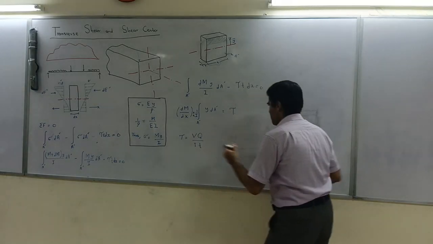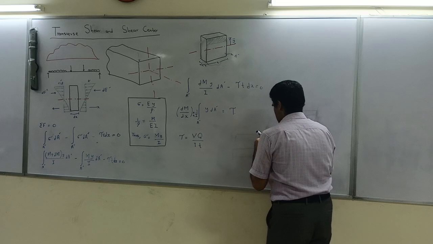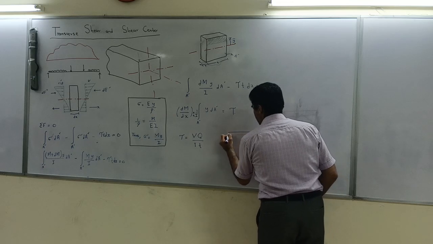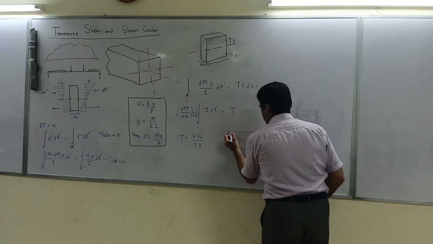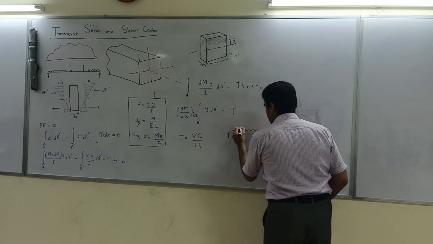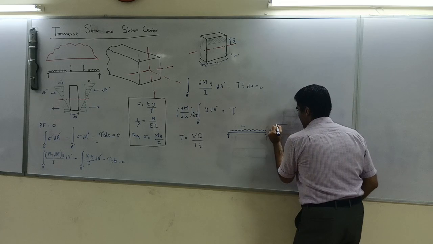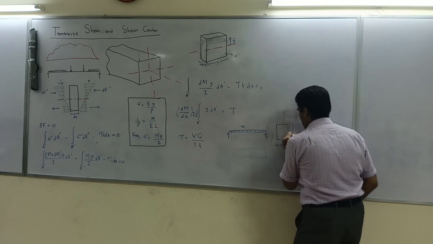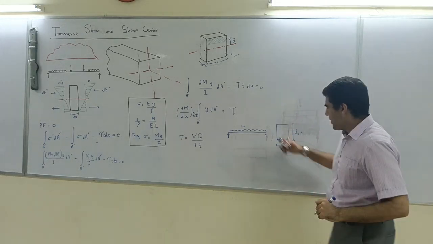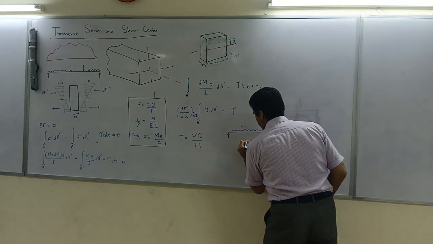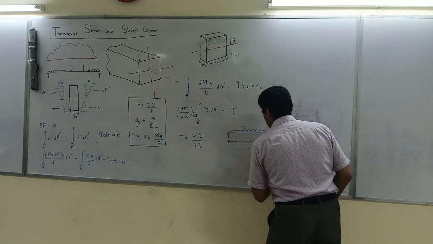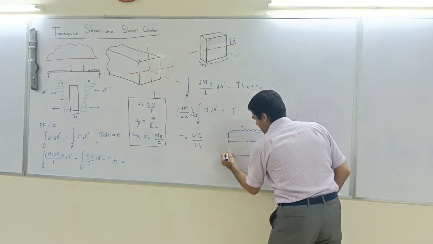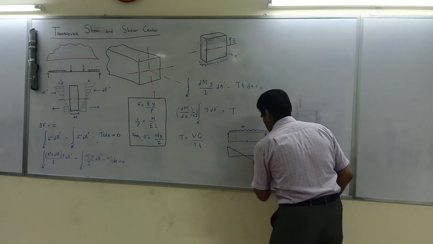So let me give you an example. Imagine I have got a simply supported beam which is subject to UDL, some W, load per unit length, and it is having a simple rectangular cross section which is of width B and height A. Now this beam is of length L. So the shear diagram for this beam looks like this.